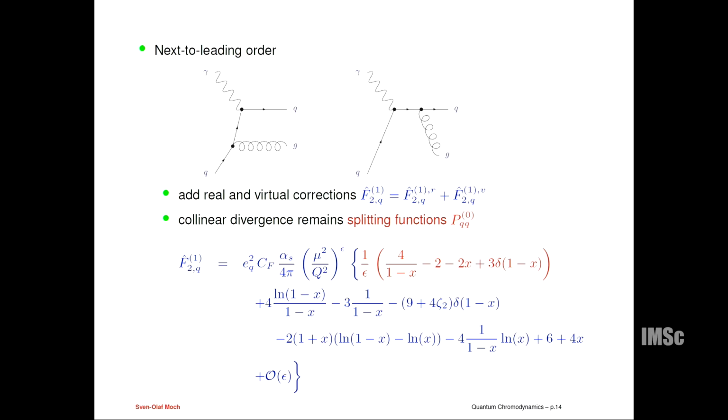So the divergent remnant which we have here is a collinear singularity, and it describes the collinear emission of a gluon from the incoming quark line. This is basically telling us the transition of a quark going into a quark under the emission of a gluon.